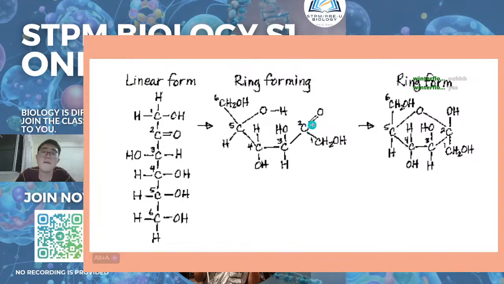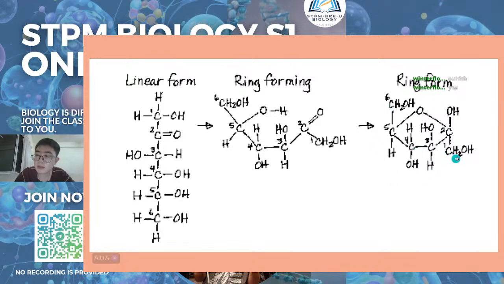Same here, C number 2 will directly bond to the oxygen of C number 5. So it will become like this, and then the hydrogen atom of C number 5 will come to C number 2, forming a hydroxyl group. That is why, because the carbonyl group of fructose is at C number 2, when it forms the ring bonded with the oxygen from C number 5, it forms the pentagon structure.